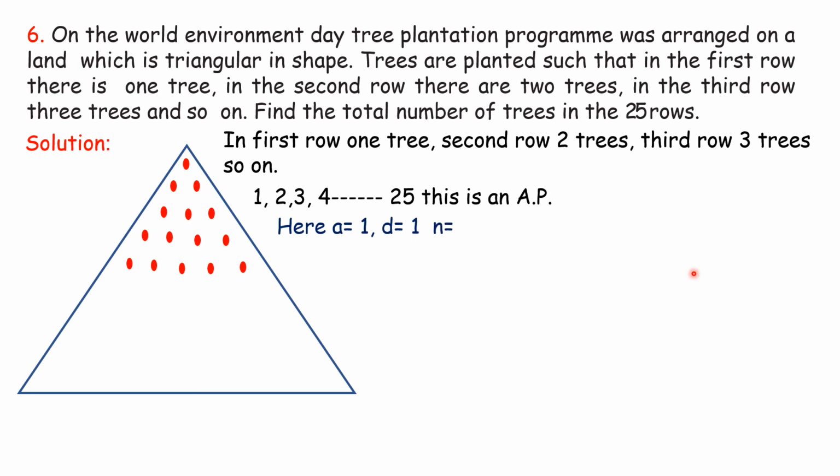Here a is equal to 1, d is equal to 1, n is equal to 25 and nth term is equal to 25, and find out the sum of first 25 terms. So write down the formula here, n upon 2 into bracket first term plus nth term.